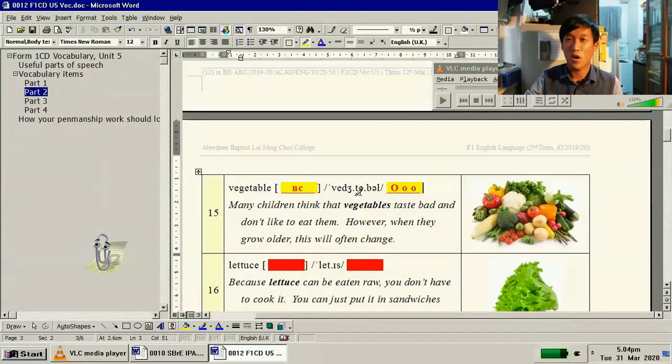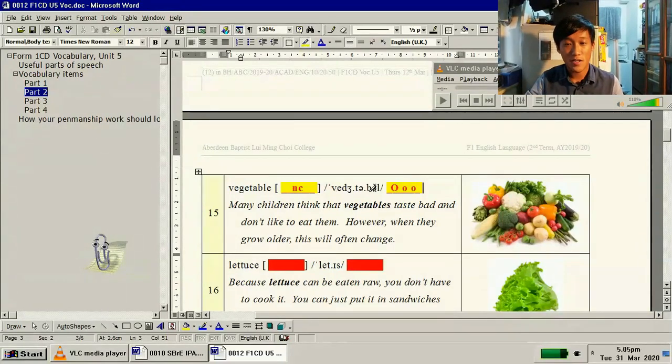That is wrong. Here it is only veg, and those two are different. So only 1 syllable. If you add the extra syllable, I think it's a little bit Hong Kongese as well.